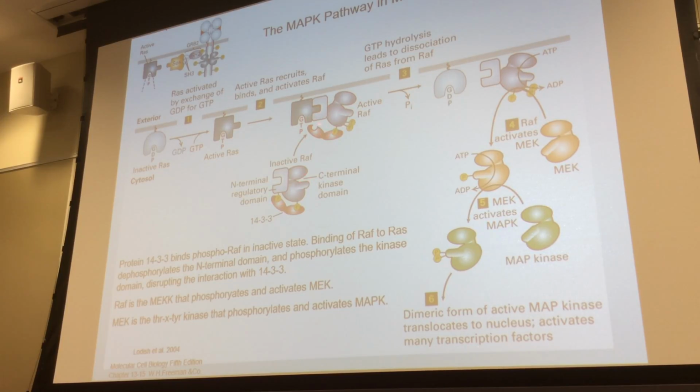So the way this works is that this protein now binds to RAF based on a regulatory site, and in addition it's transported over there because it's bound to phosphotyrosines over here.